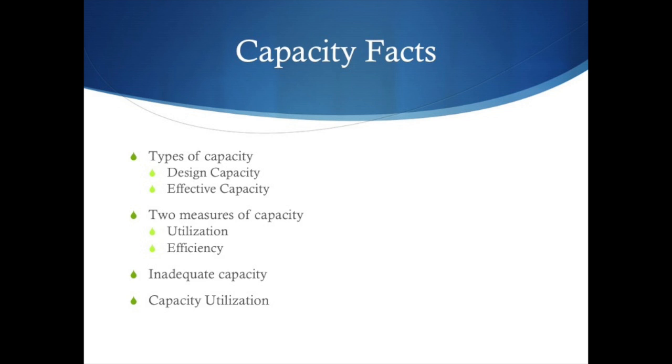With capacity, there are two measures that you can use. One is utilization and the other is efficiency. Utilization is the actual output as a percent of design capacity, and efficiency is the actual output as a percent of effective capacity. With capacity, you could look at inadequate capacity.